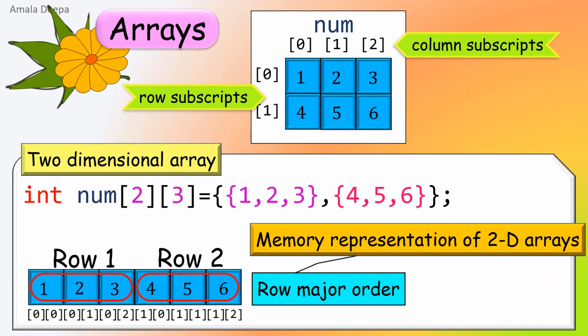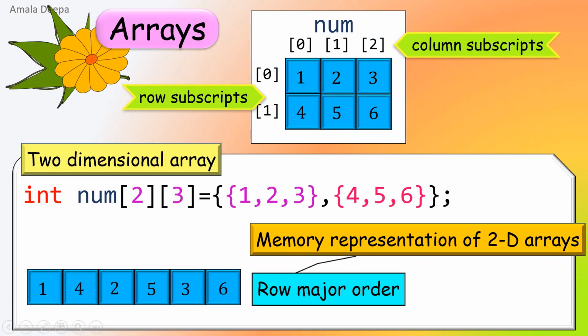Next, look at this arrangement of elements. The index of the element 1 is 0, 0, 4 is 1, 0, 2 is 0, 1, 5 is 1, 1, 3 is 0, 2, and 6 is 1, 2. Here the elements are arranged column by column. 1, 4 is column 1.